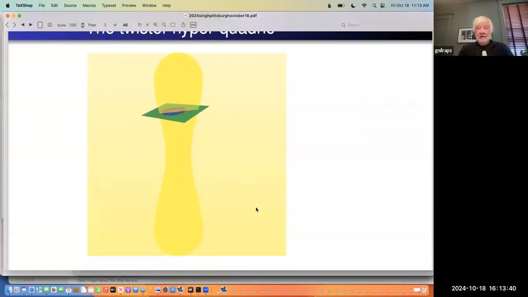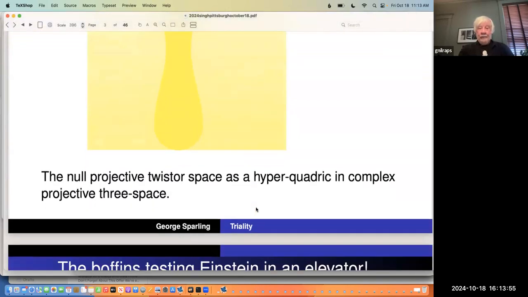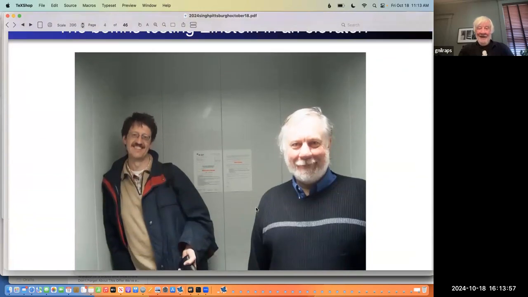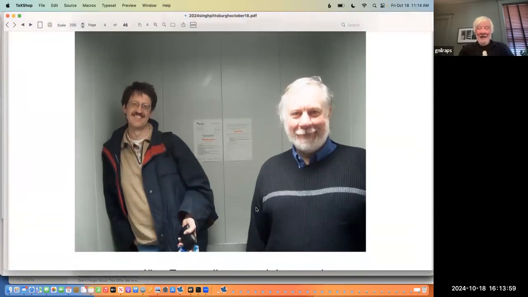The twistor hyperquadric looks like this. This is a rough picture of what's called projective twistor space. The important point is a bit in the middle, which is the null twistors, and the stuff on each side. This is a picture I just happened upon.